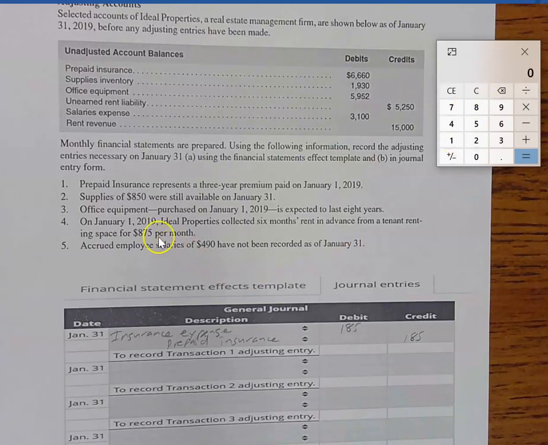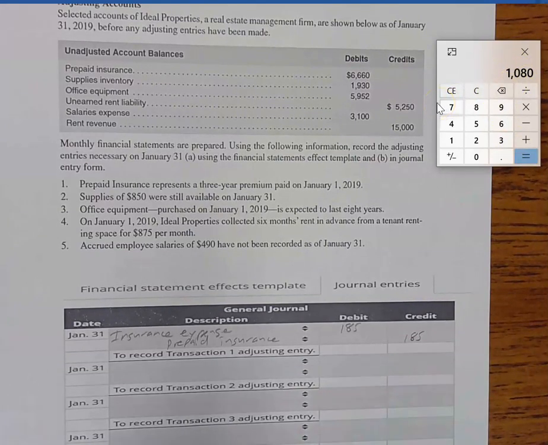Second item, supplies of $850 were still available on January the 31st. This is an example of an entry that would have to be done manually. We had supplies inventory at the first of the month of $1,930, and now we have $850 left. If we subtract $850, that tells us what we used during the month, because we don't have any other purchases they've told us about. So it's $1,080.